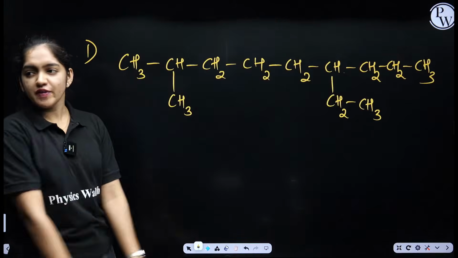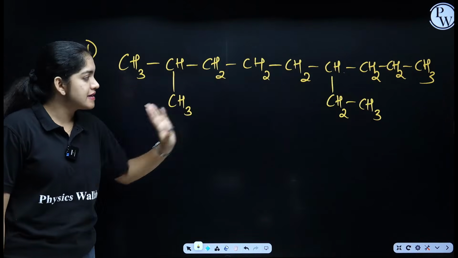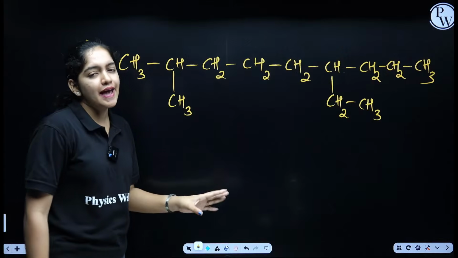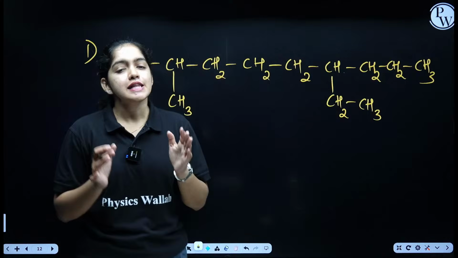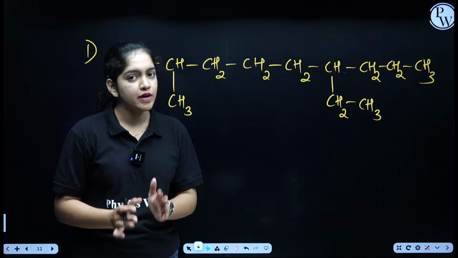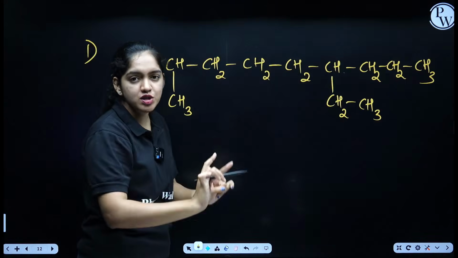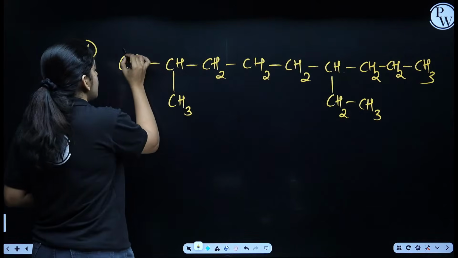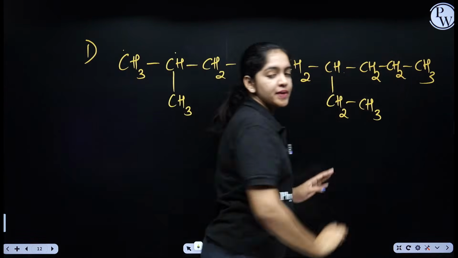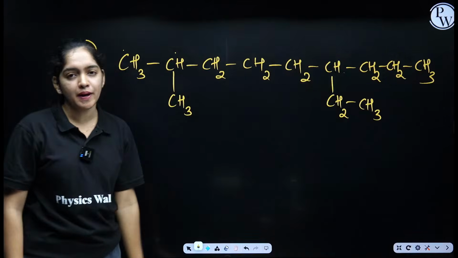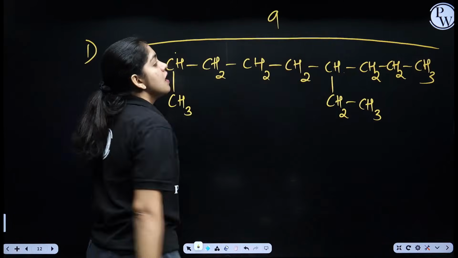So this is our first question. Okay, in the first question, a chain is given with branches there. So the first rule is that if a compound is given, we should identify the longest chain. Okay, in the longest chain, we should count the number of carbons first. First, we can take the longest chain. Which will be the longest chain? First, we can go straight. First thing, we should go in the straight way only. Okay, 1, 2, 3, 4, 5, 6, 7, 8, 9. If we go straight, we will get 9 carbon atoms. Straight way. Okay, this one. This way we will get 9.